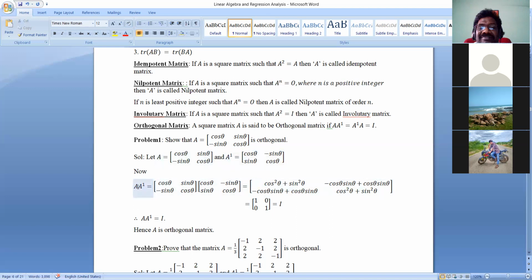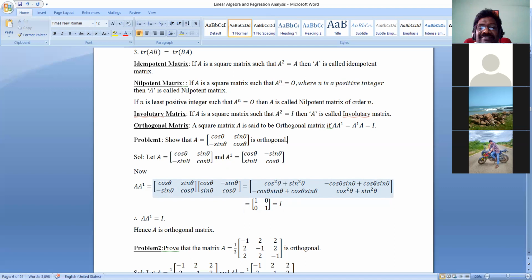A into A dash equals cos theta into cos theta plus sin theta into sin theta, that is cos square theta plus sin square theta, in the first row, first element. Next, cos theta into minus sin theta plus sin theta into cos theta, that is minus cos theta sin theta plus cos theta sin theta, in the first row, second element.